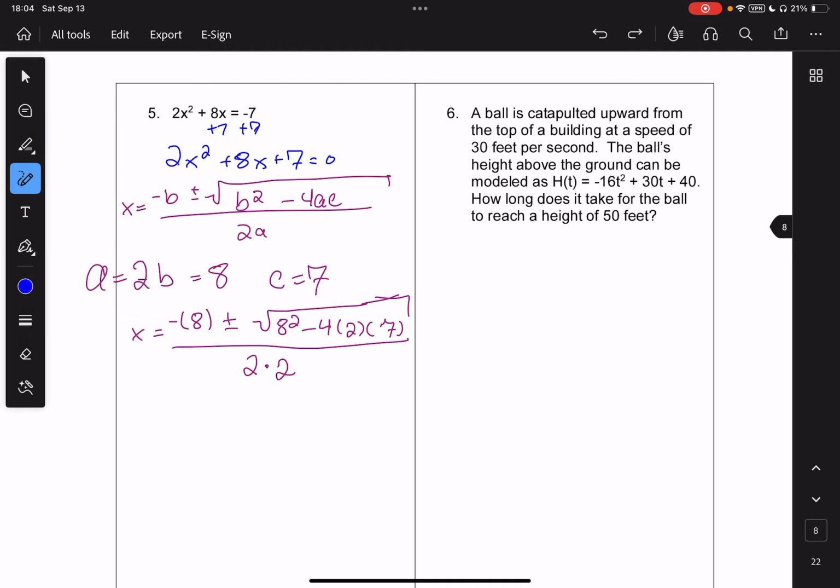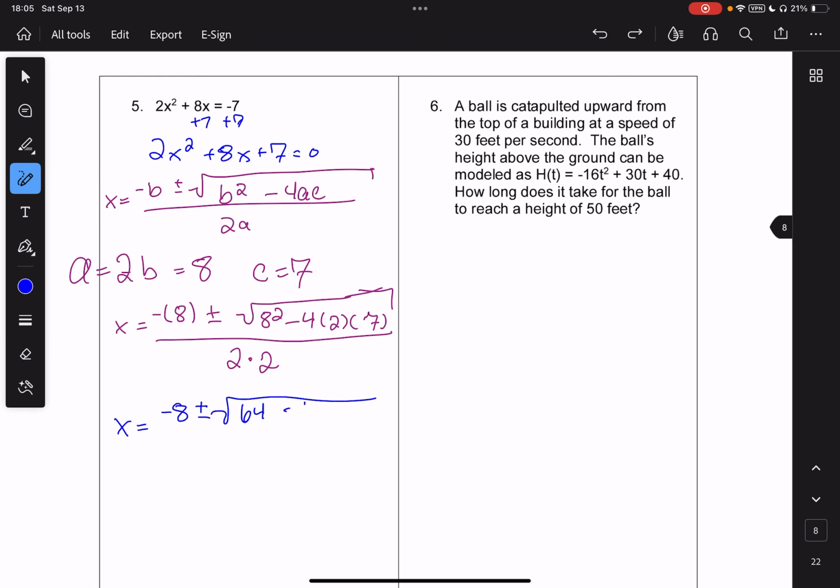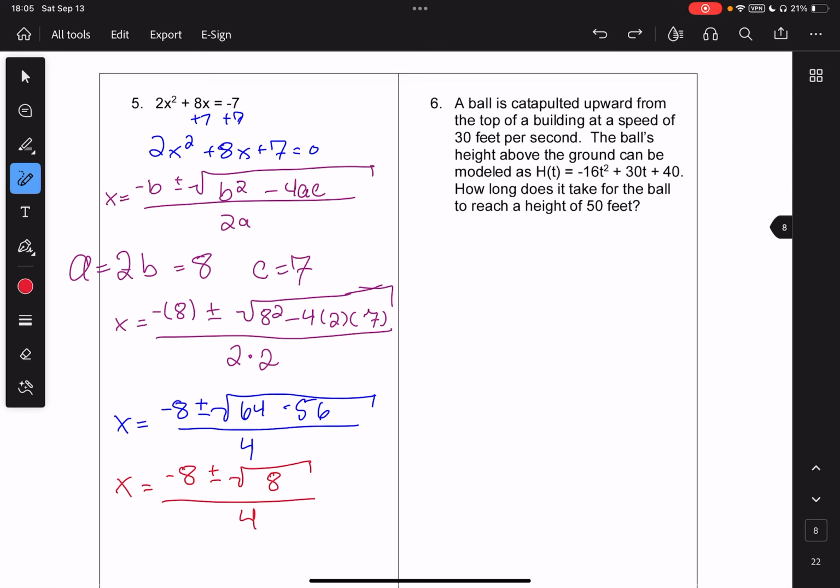So x is equal to negative b plus or minus the square root. 8 squared is 64 minus 4 times 2 times 7, minus 56, all over 2 times 2, which is 4. X equals negative 8 plus or minus the square root of 64 minus 56 is 8, all over 4.